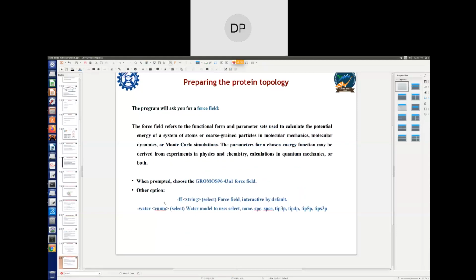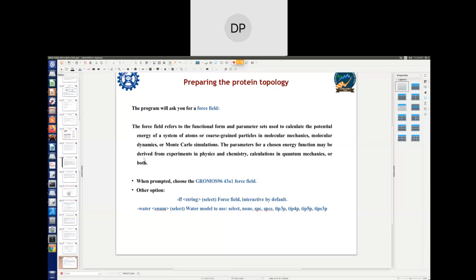While preparing the protein topology, pdb2gmx will ask you for a force field option: which type of force field you want to use. The force field refers to the functional form and parameter set used to calculate the potential energy of a system of atoms or coarse-grained particles in molecular mechanics, molecular dynamics, or Monte Carlo simulation. The parameters may be derived from experiments in physics and chemistry, and from quantum mechanics calculations.